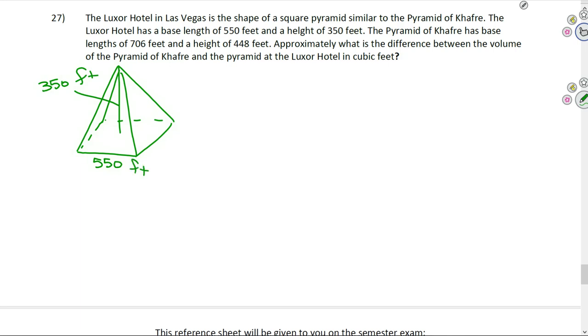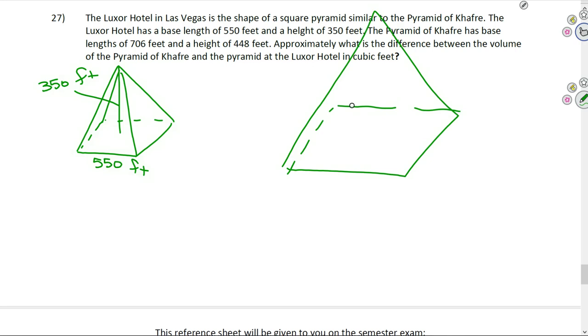The pyramid of Khafre has a base length of 706 feet and a height of 448. Let me draw this out too, so it's a little bit bigger.